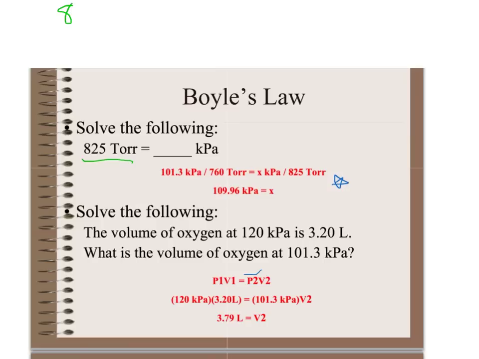So it's kind of like stoich a little bit. We've got 825 torr and we want to go to kilopascals. So what has to go on the bottom? Torr. And what has to go on the top? The thing we're looking for, kilopascals.